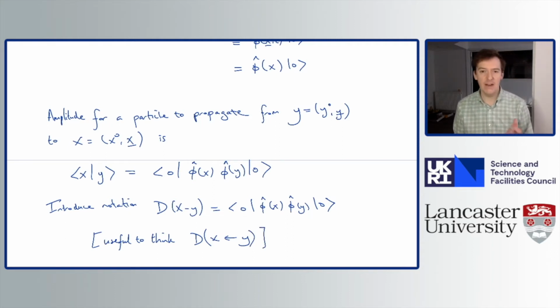When we write it as x minus y in this way, this is a very particular combination, where y is on the right hand side, so it's going from y to x. Books don't tend to use this notation with an arrow, but it can sometimes be useful to think of it in that way, so you remember the direction of the propagation.